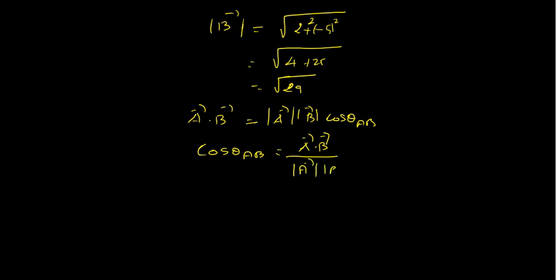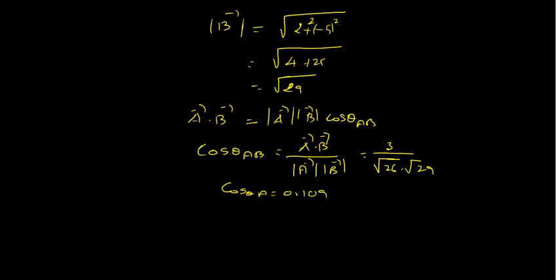So we know the value for this, that is A dot B, that is 3, divided by square root of 26 into square root of 29. So after substituting this value you will get cos theta AB is equal to 0.109. This you can solve.